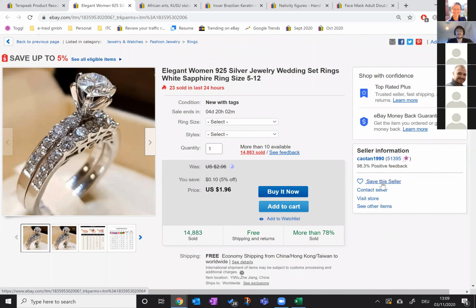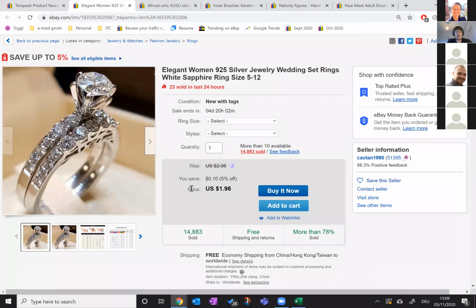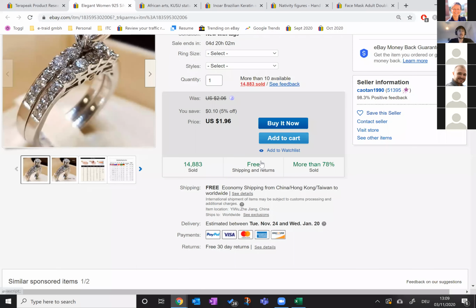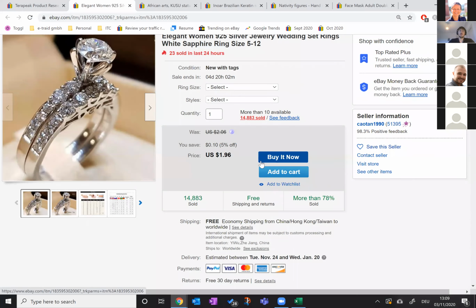And this only works if you sell at larger scale, which is what the seller is doing. You can see the seller sold almost 15,000 of this ring. So for those of you who have small items, this is an option that's widely used.